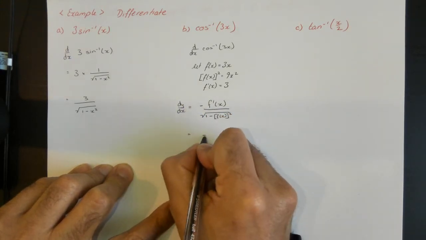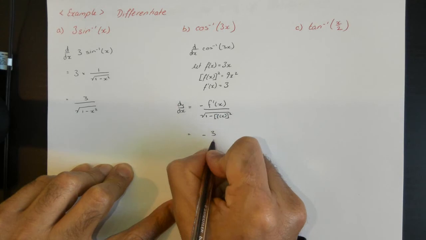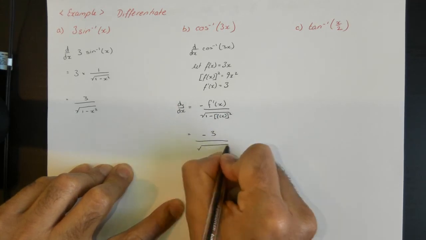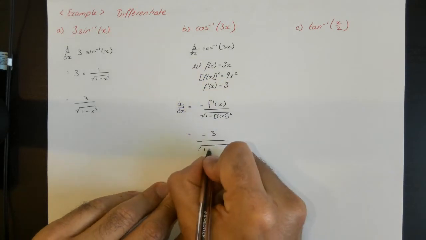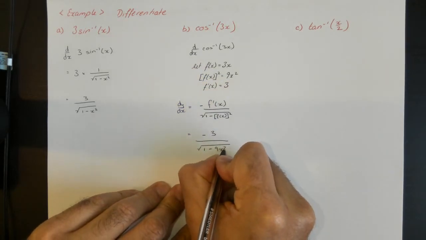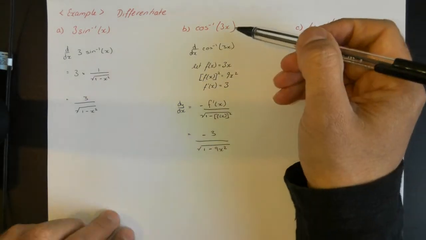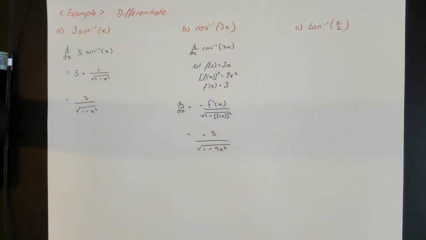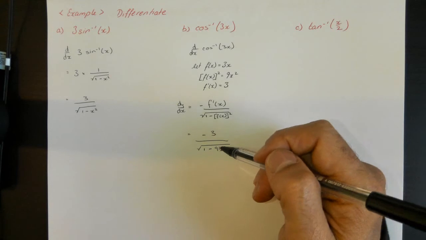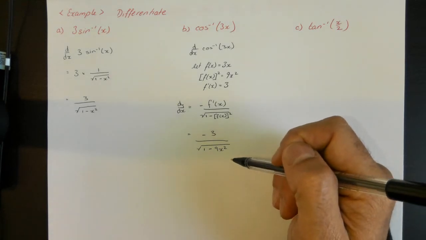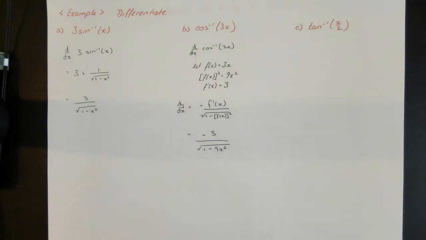So we get the derivative of negative 3, and the function squared becomes 9x squared. So the derivative of arc cos of 3x is negative 3 over the square root of 1 minus 9x squared.